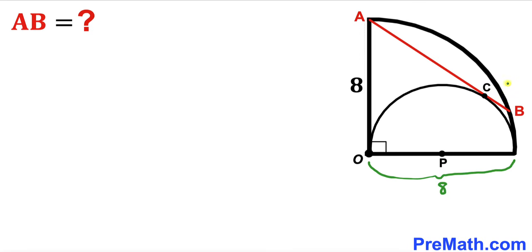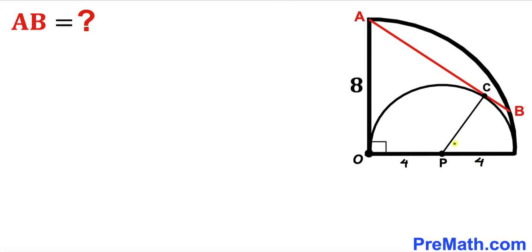And now we can see that this radius of this quarter circle is equal to the diameter of this whole semicircle. So therefore, the radius of this semicircle is going to be half of 8, that is going to be 4 units. And likewise, this radius is going to be 4 units as well.